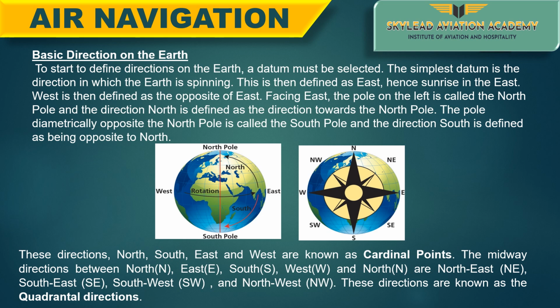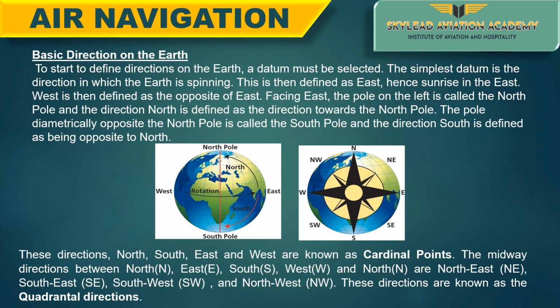For your convenience, imagine that you are standing, facing east, and your left hand is towards the north and the right hand is towards the south. So guys, north is the direction to the north pole which is on your left hand, and south is the direction to the south pole which is on your right hand side.